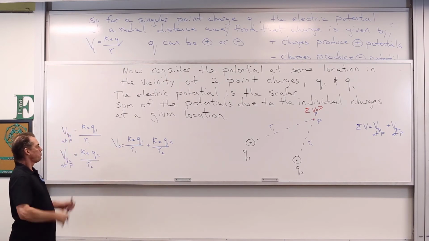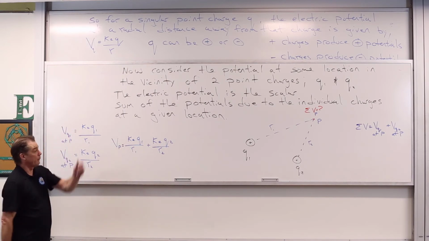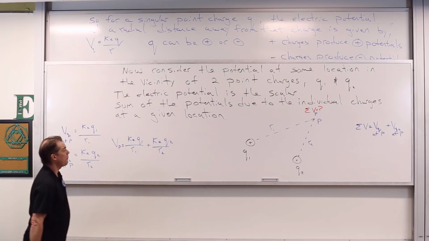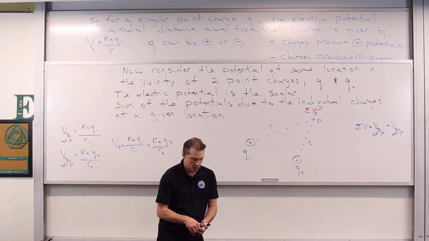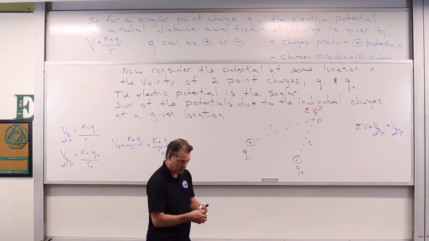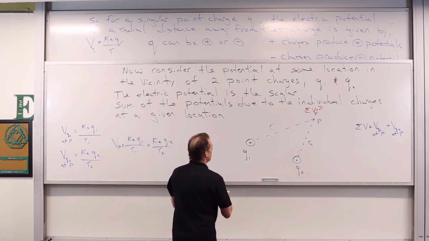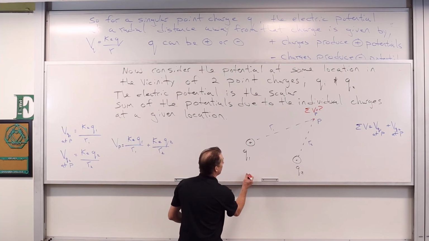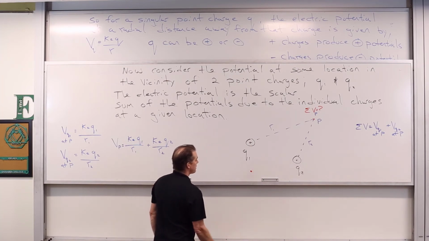Well, that's great. We can get the potential at point P. What happens if we want the potential somewhere else, like some other point over here?